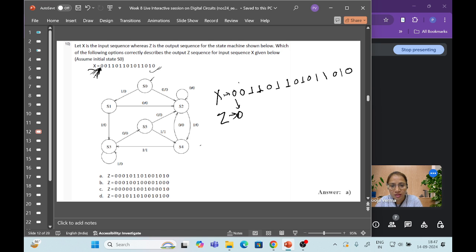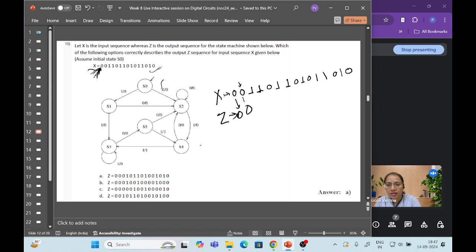Now the next input is 0 again. Where is it going? It is coming back to the same state, and the corresponding output is 0.